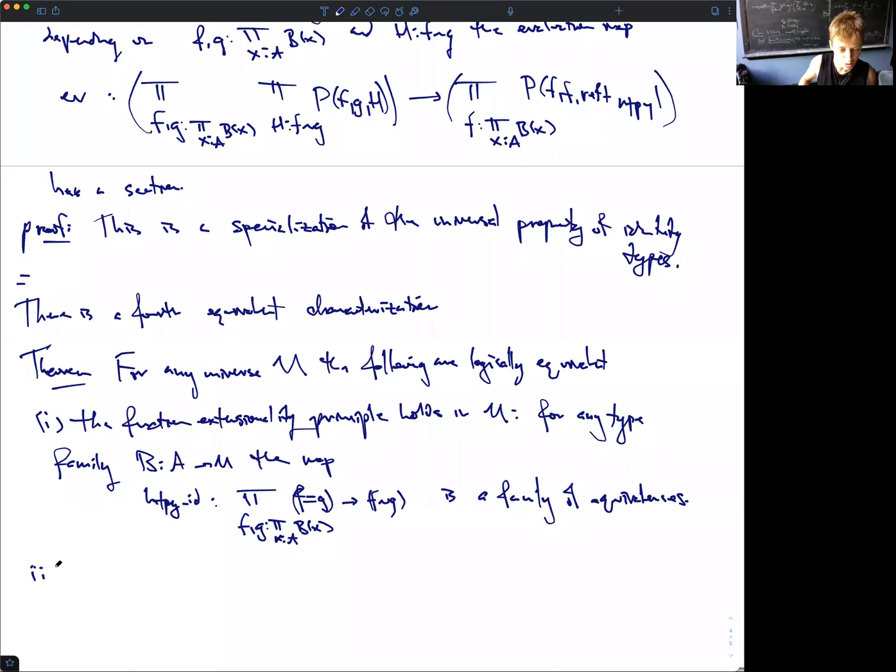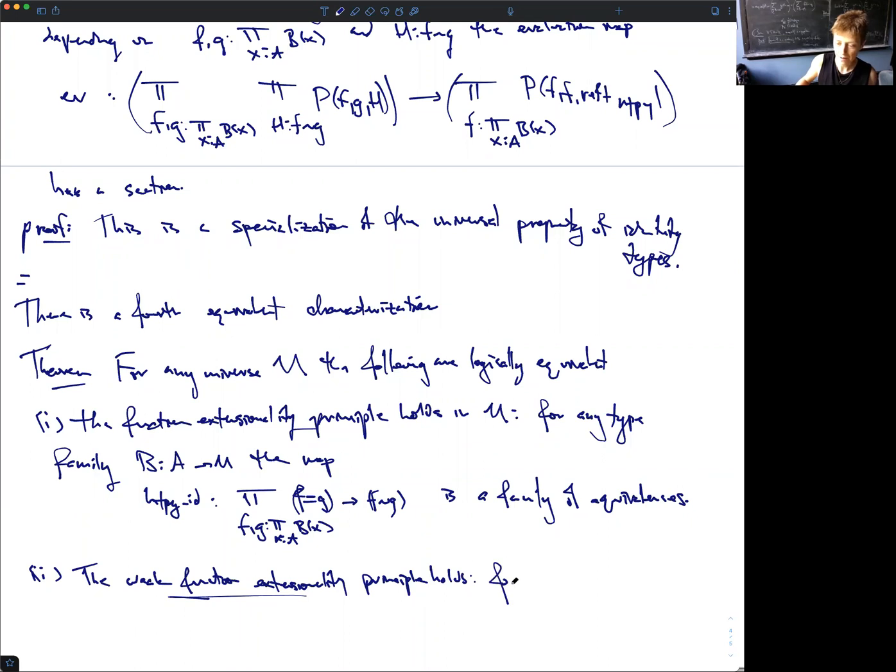And then statement 2 is where the excitement comes. This is something called the weak function extensionality principle holds. And what is that?